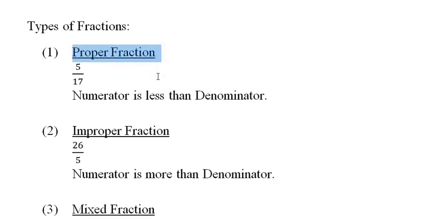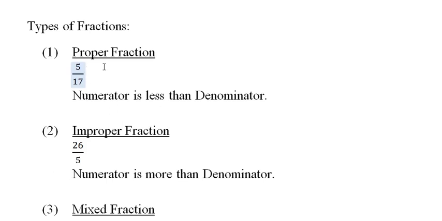In types of fractions, the first fraction is the proper fraction. So what is a proper fraction? A proper fraction is a fraction in which the numerator is less than the denominator. As we already discussed, the lower section is the denominator and the upper section is the numerator. So when the numerator is less than the denominator, it is known as a proper fraction.